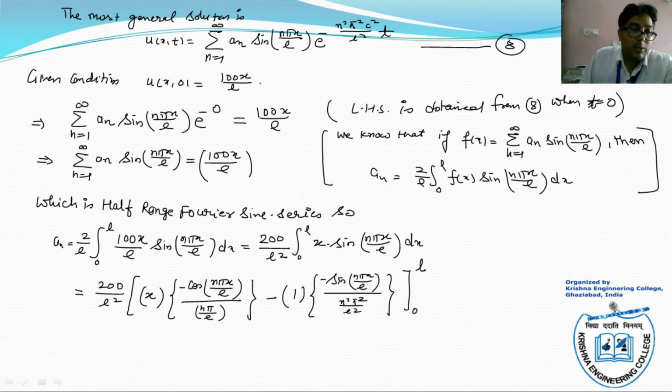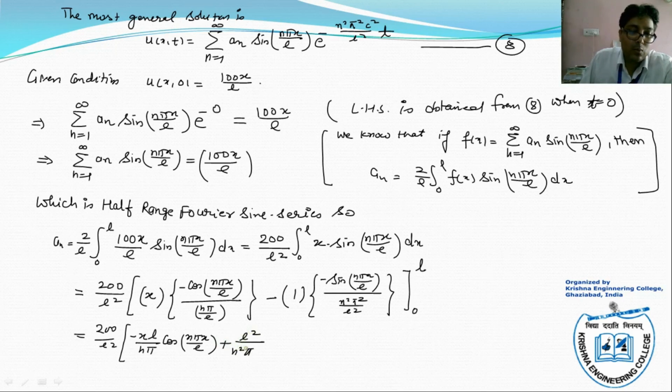Clear? Before putting the limits, first we write in simple way: minus x L upon n pi cos(n pi x by L), plus L square upon n square pi square sin(n pi x by L). Clear?